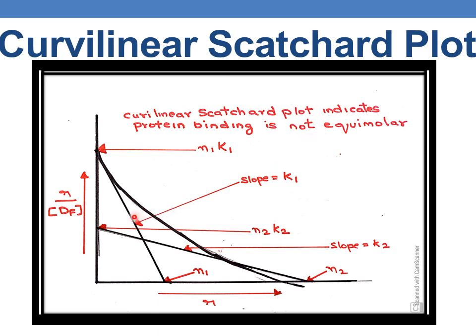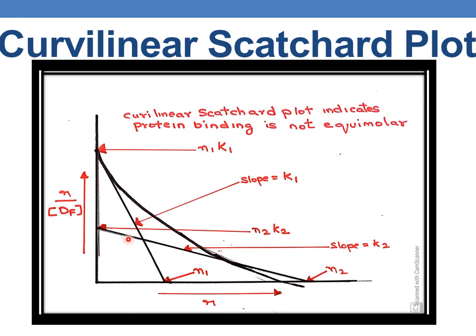Here we can notice two lines, line 1 and line 2, and line 1 is used for the estimation of N1, which is the number of binding sites of site 1. The x-intercept of line 1 is used for the number of binding sites of site 1, and its slope is used to find K1, its association constant.